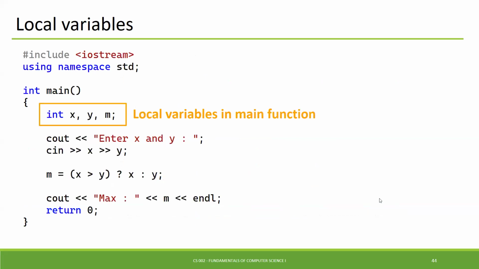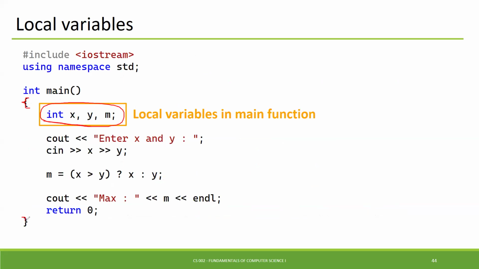Okay, guys, look at this one. I have the main function, very simple code. In the function, I have three variables, x, y, and m. Three variables are declared in the main, right?